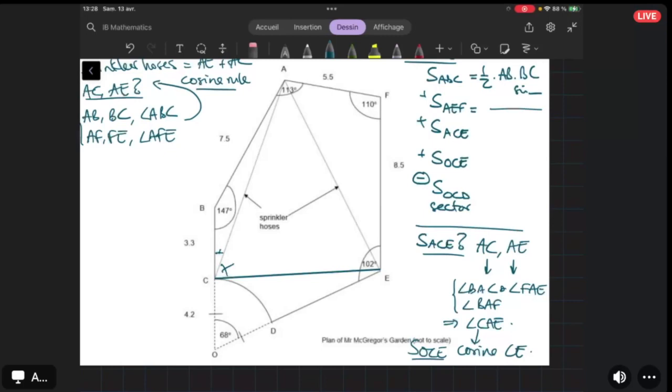So recap: ACE, you can get it from calculating the area of ACE. That's basically a half AC times AE times sine of the angle between them, CAE. CAE, you can get it from 113 minus BAC minus FAE. How do you get BAC and FAE? Sine rule.